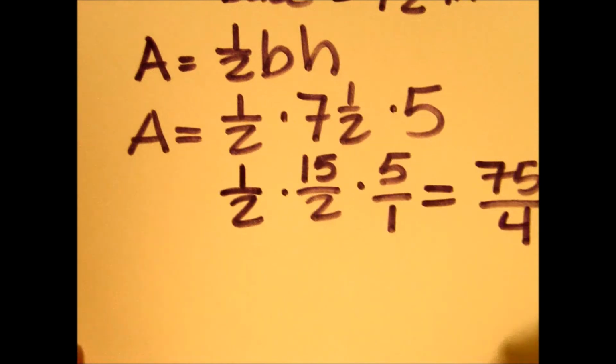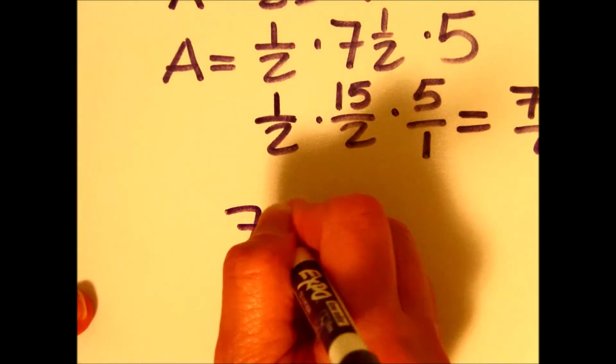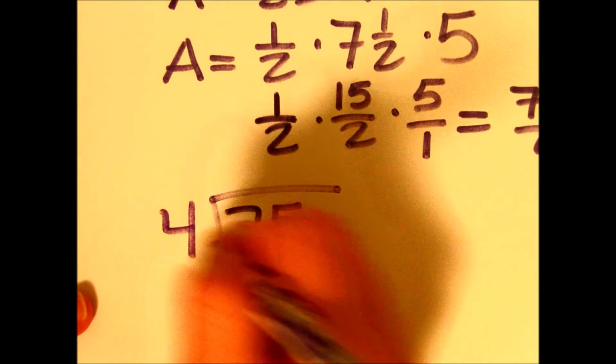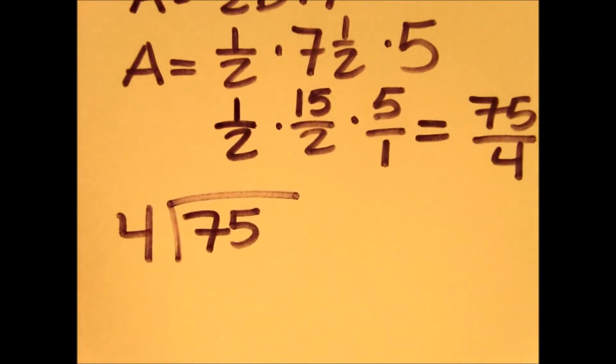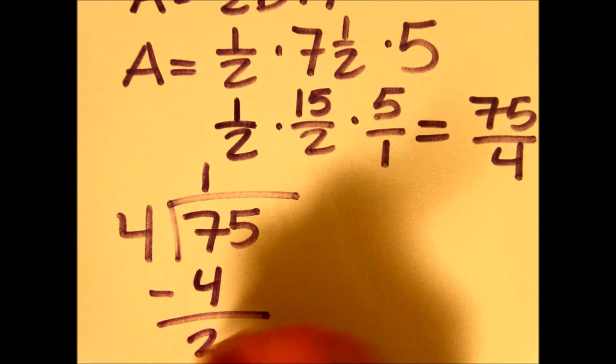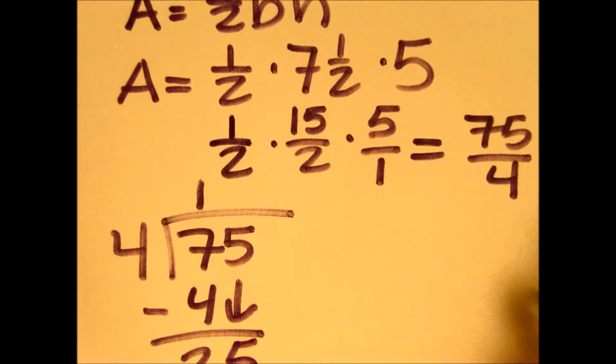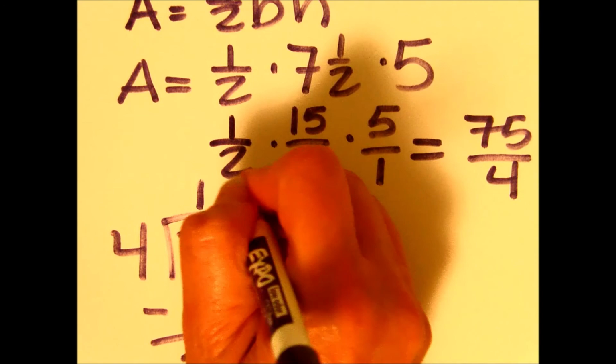This, of course, is an improper fraction. Let's convert it to a mixed number. We're going to divide 75 by 4. I've got a 1 there. There's always a little math with just about everything. Let's see, 4 goes into 35 8 times.